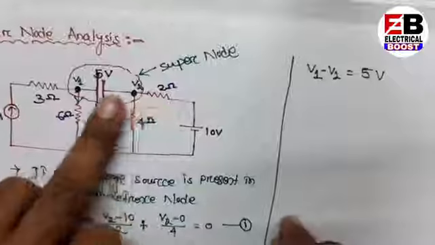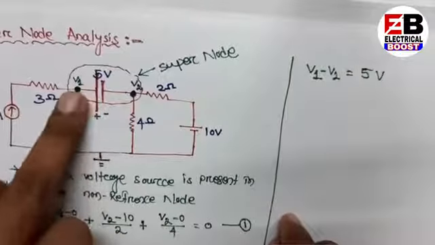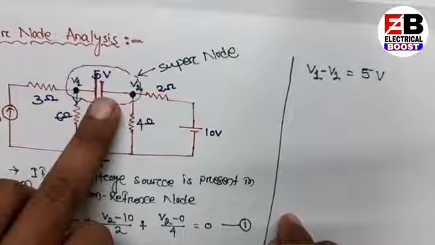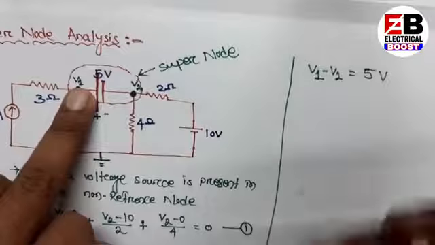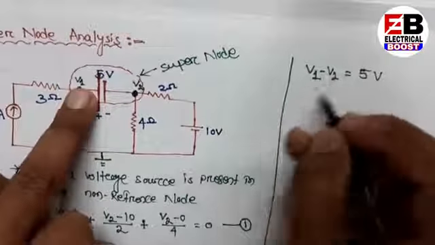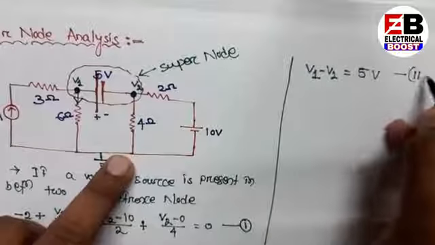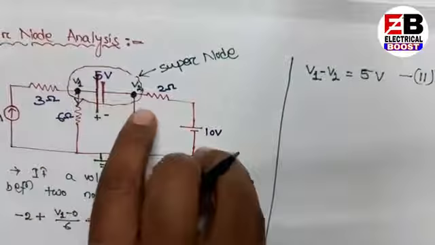Why do I consider V1 minus V2? Because the positive terminal is connected to V1, so we consider V1 minus V2. If the negative terminal is connected to V1, it is just the reverse. This is our second equation. If we solve those two equations, we find V1 and V2.